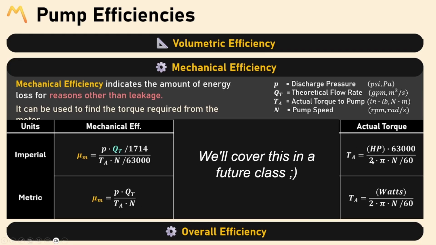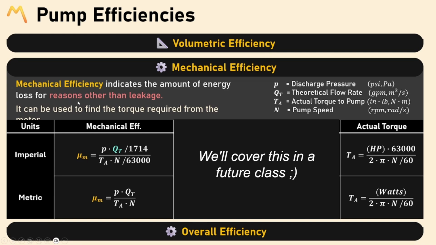To get our actual torque, we can take the power that our system uses, so either the horsepower of our motor or the watts of our motor for metric, and divide that by 2 times pi times the speed that our pump is running at in either RPM or radians per second, and then divide that value by 60.